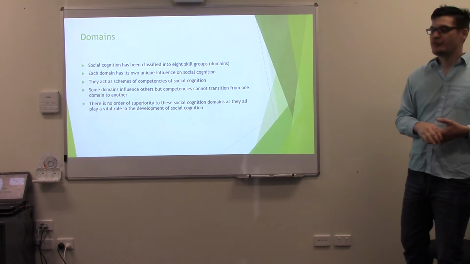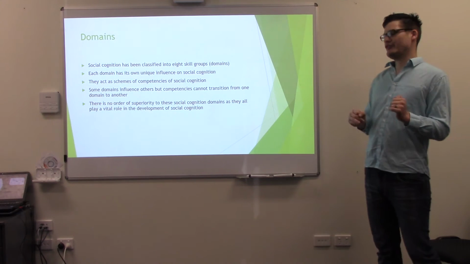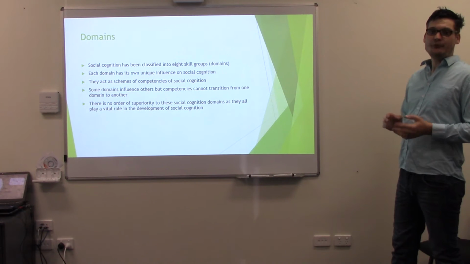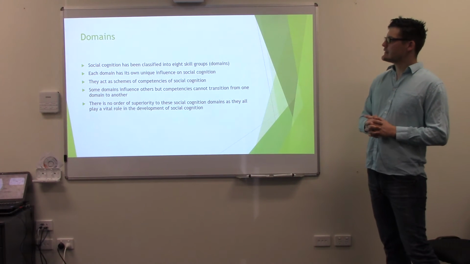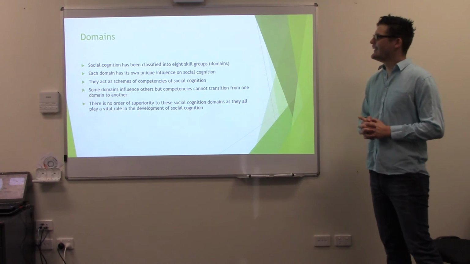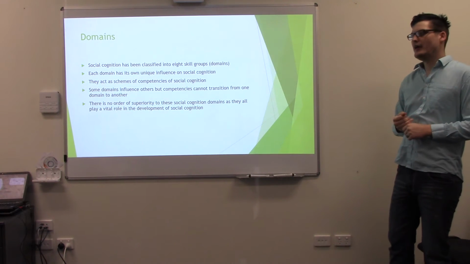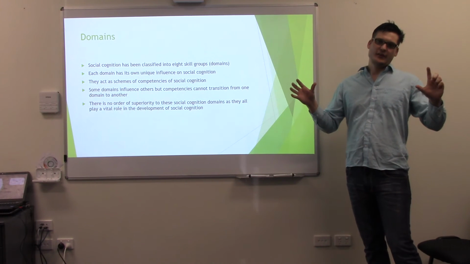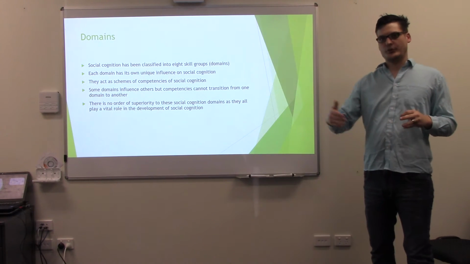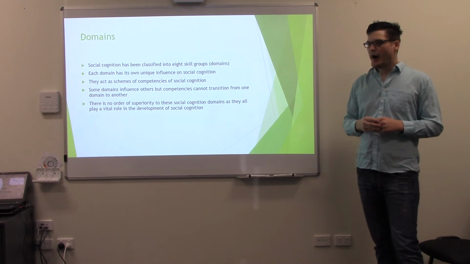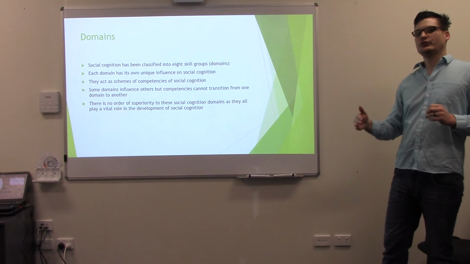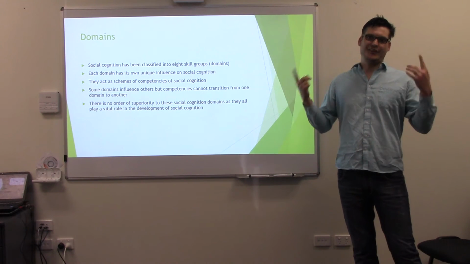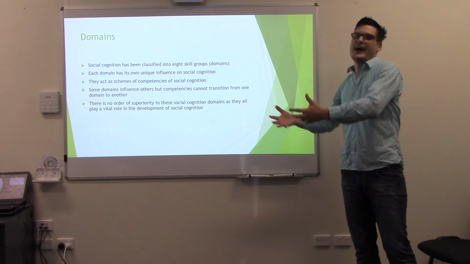Some domains influence each other, but the competencies cannot transition from one domain to another. Can you give an example of that? Okay, so communication lies primarily in the communication domain. So the ability to speak to another person lies in that level. It can influence emotional responses, but the emotional response is tied more so to the thinking process rather than the actual communication.